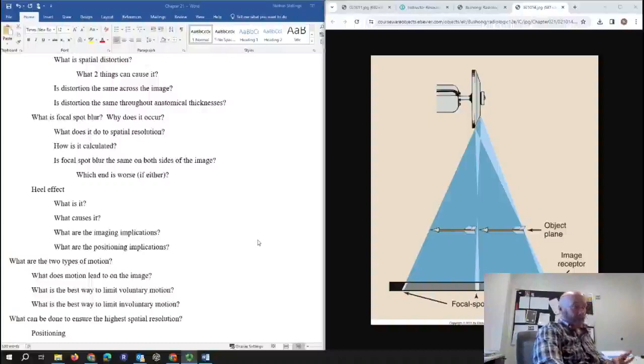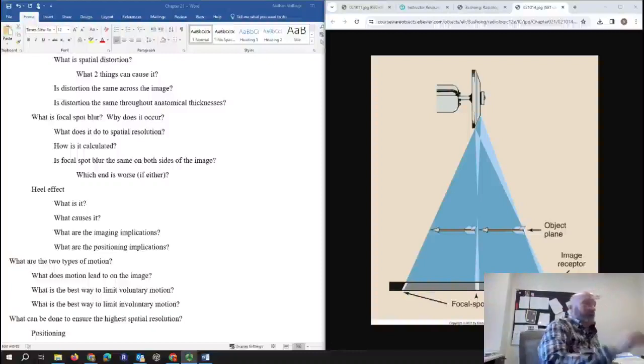So remember, you'll always get all but one of the factors, so most likely what you're not going to get there is focal spot blur. Or if you want to simplify it a little bit, you can go focal spot blur is equal to effective focal spot times OID over SOD. Just remove the cross multiplication.